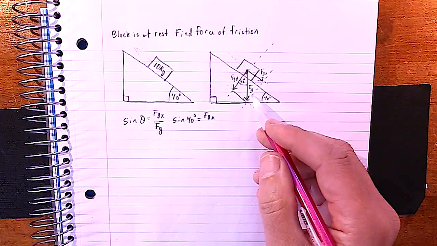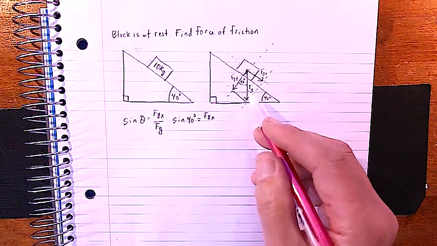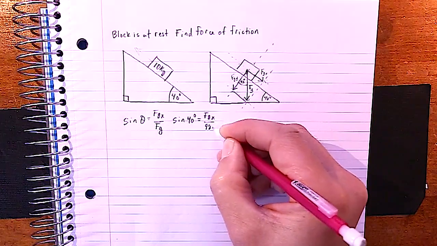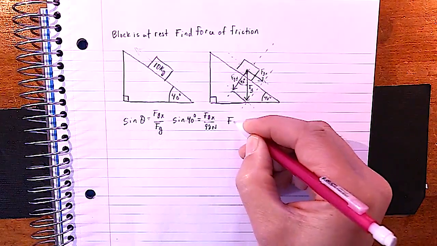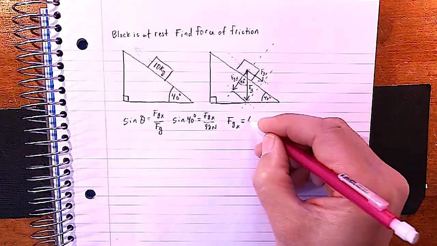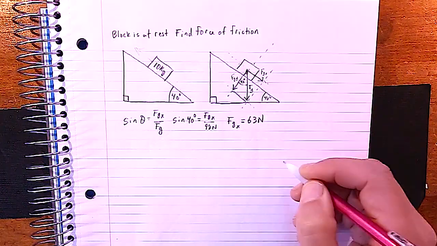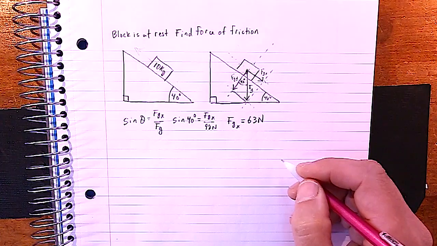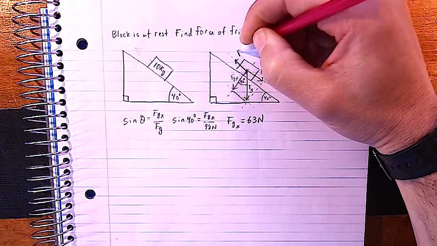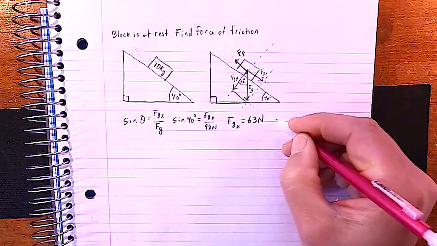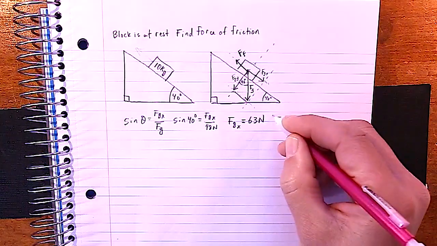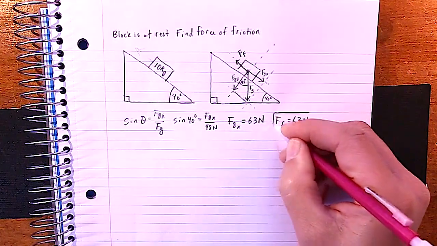So that's going to be mass times gravity, that's going to be mg, so 10 times 9.8. That's 98 newtons. And if you cross multiply, that ends up giving you 63 newtons. So the question was, what's the force of friction? Well, we know that the force of friction has to be equal to FGX, so that's the answer. The force of friction is 63 newtons.